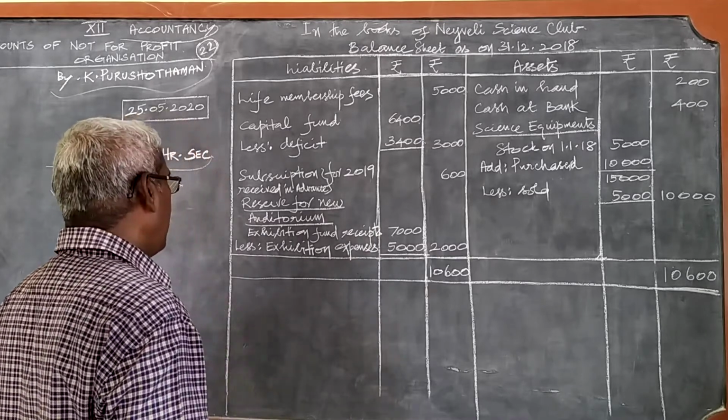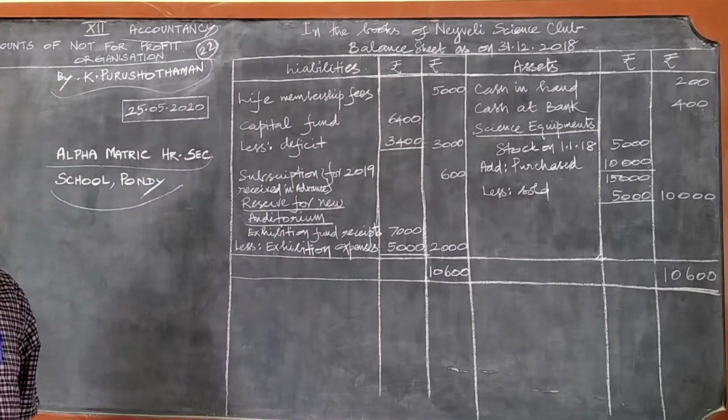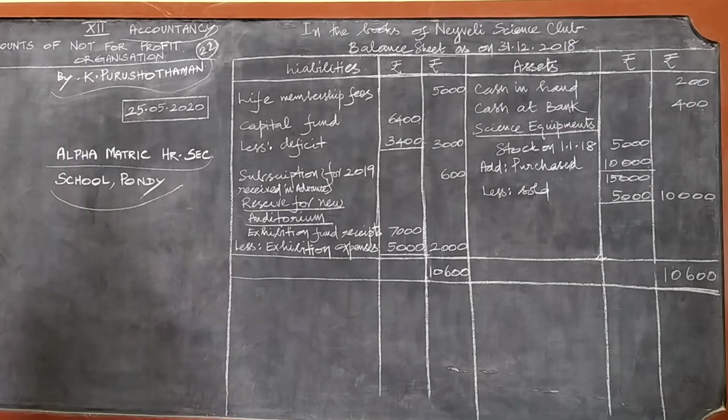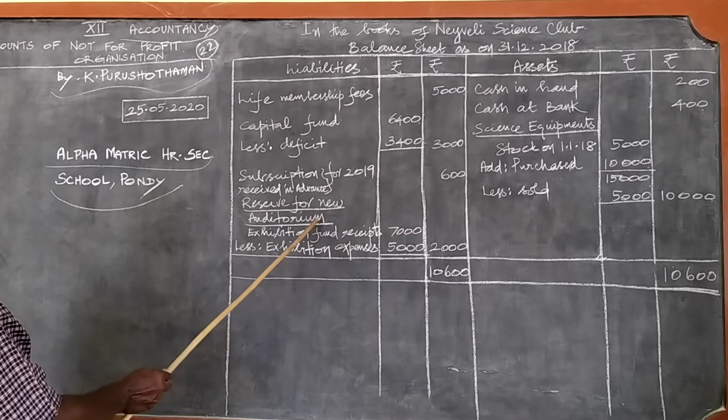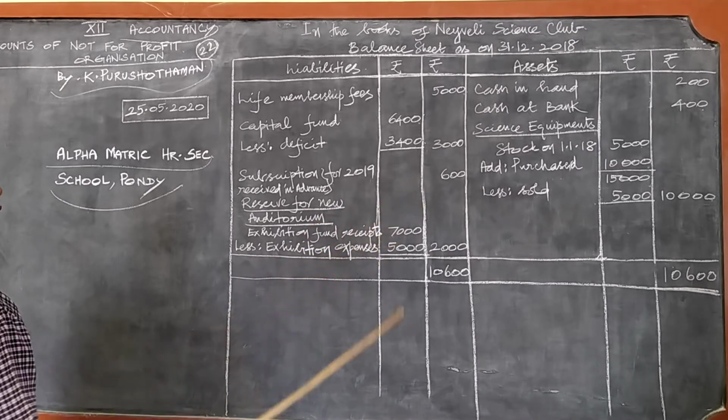And the last additional information, that is point number 4. Surplus on account of exhibition should be kept in reserve for new auditorium. How much is surplus? Exhibition fund receipts 7,000.